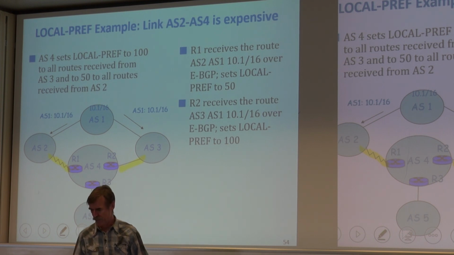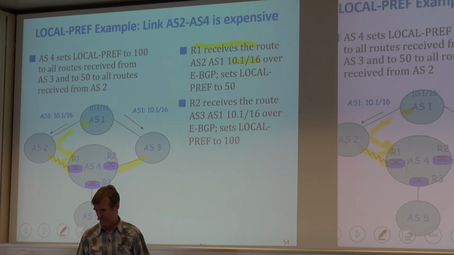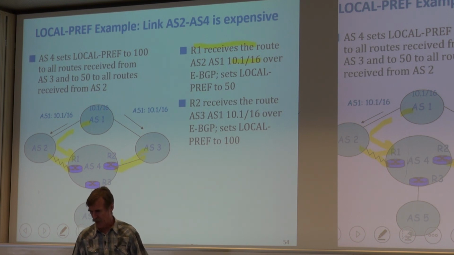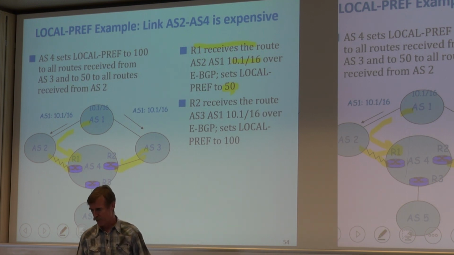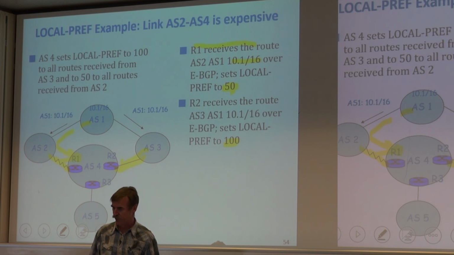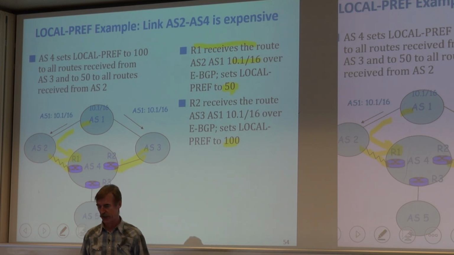Assume R1 receives the route 10.1.16 from AS2, AS1, so here, then it will set the local pref to 50, and R1 will propagate it inside AS4 with local pref 50. R2 will receive a similar route with a different AS path, AS1, AS3, and will put local pref 100.